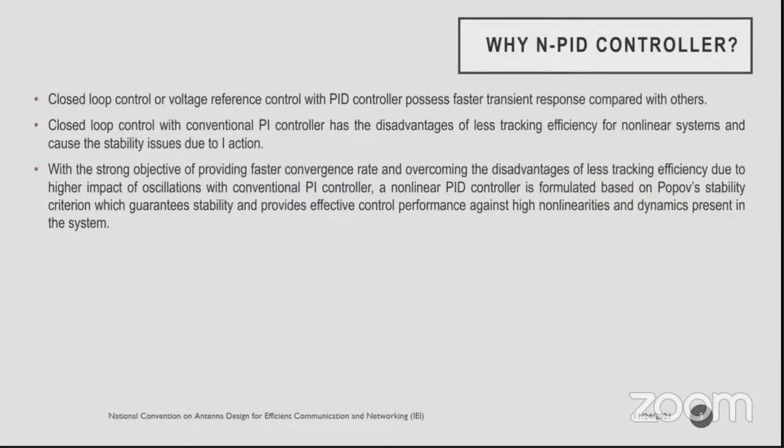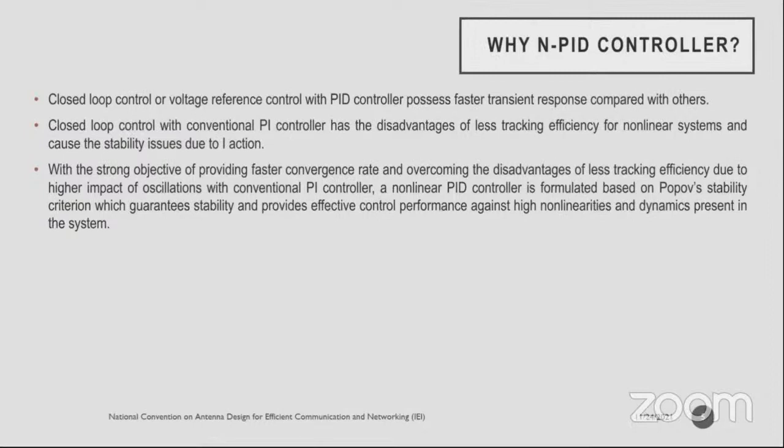Why do we need to go for a nonlinear PID controller? We have already stated that the PID controller is the most popular among industries for closed loop control of DC to DC boost converter, because it possesses a faster transient response compared with others. But the noted disadvantage is its lower tracking efficiency, which means even though it tracks the reference value accurately, the steady state oscillation is more because of integral action.